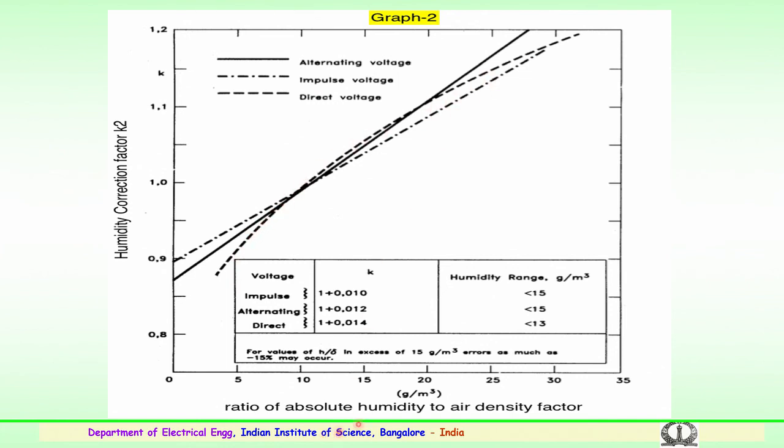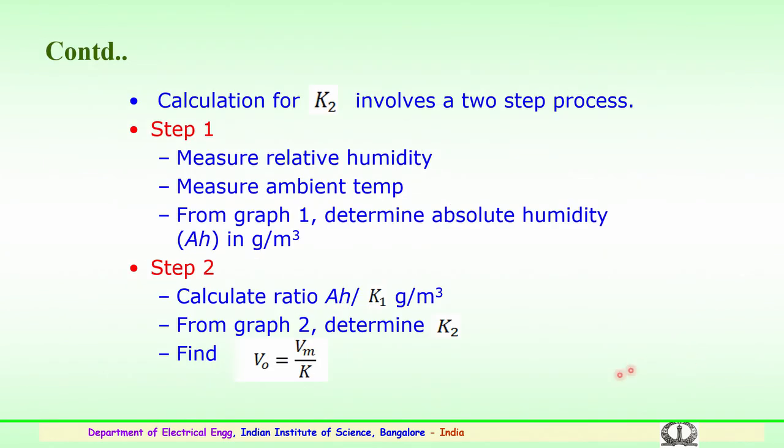So, in case of DC, for a particular value, say 15 grams per meter cube, for DC measurement with the sphere gap, we have to focus on the DC curve, where we get the value suitable for the DC level, and further the correction factor K2 is obtained. This is how the factors K1 and K2 are obtained.